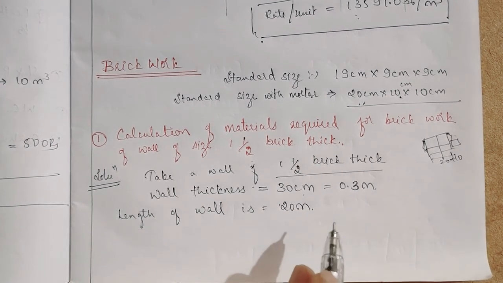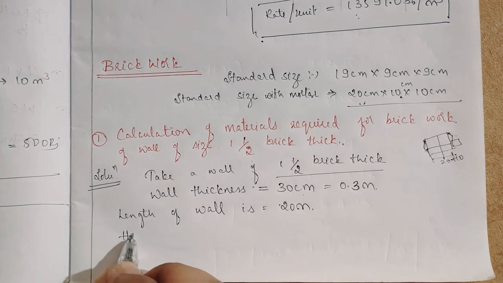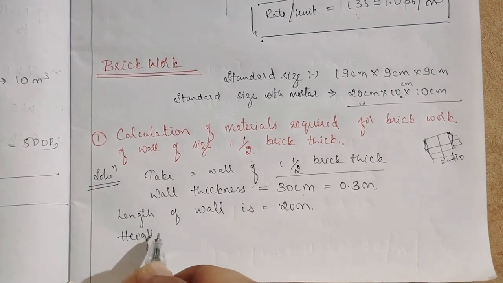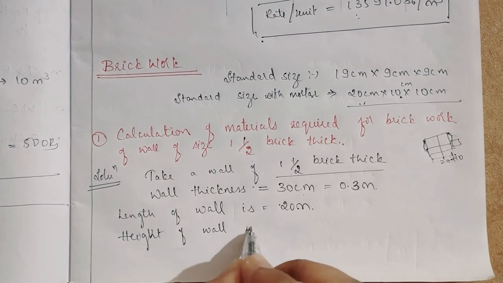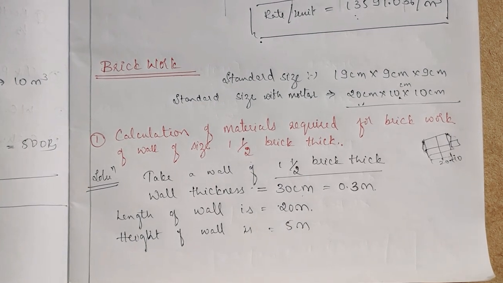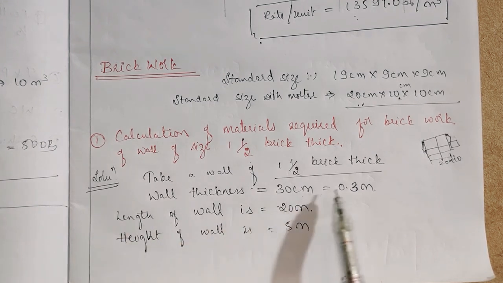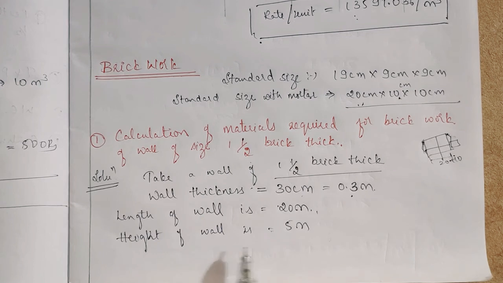It is given in the question. Height of the wall is 5 meter. What is given? Wall thickness we found out. Length of the wall is given, that is 20 meter, and height of the wall is 5 meter.